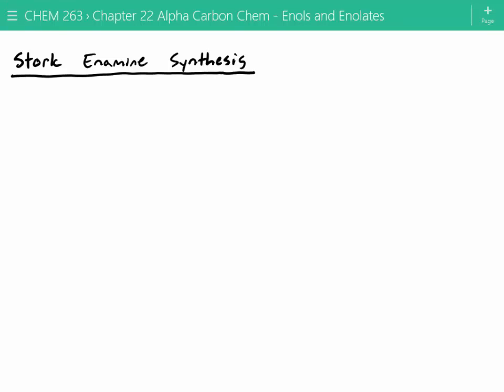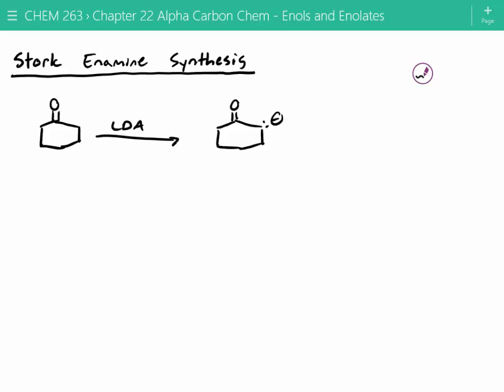All right, so let's think about this. If we treat cyclohexanone with LDA, we said that we would get a really, really unstable, reactive enolate, and in this case, it won't do Michael addition.